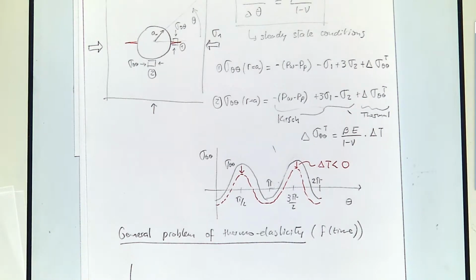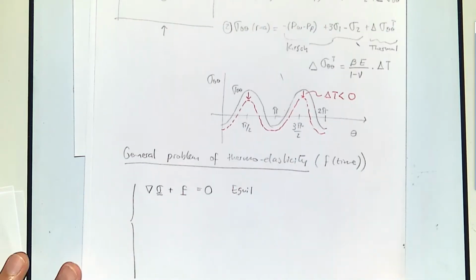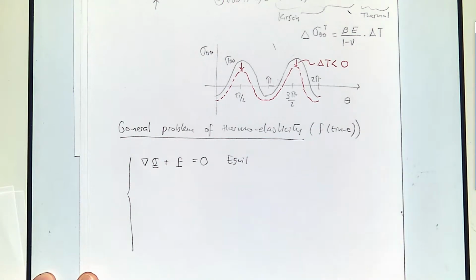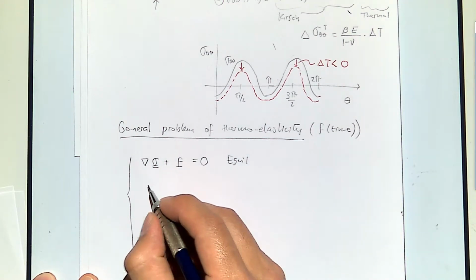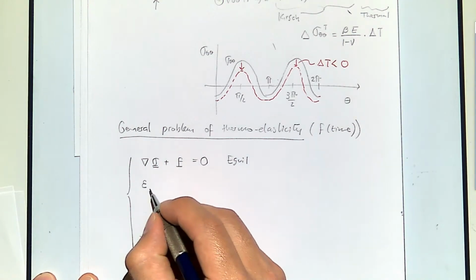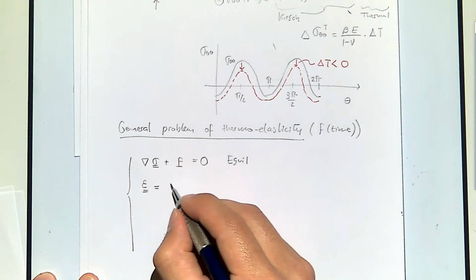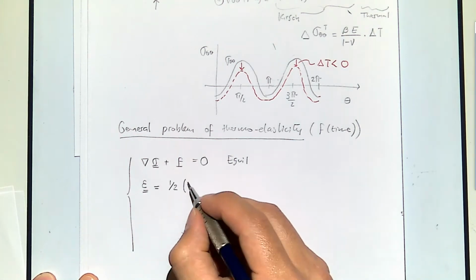It was the same thing with poro-elasticity, but I forgot to write these equations. If you remember the 3 equations that we always need for a mechanical problem, first one is going to be equilibrium. We need equilibrium in thermoelastic problems and poroelastic problems. Second one is the kinematic equations.